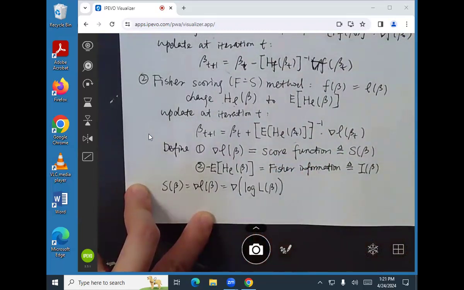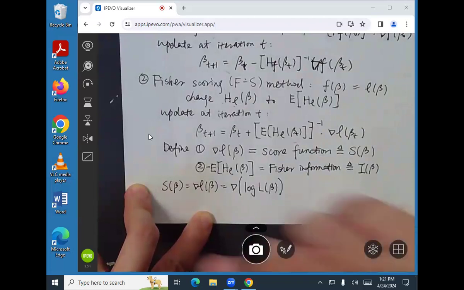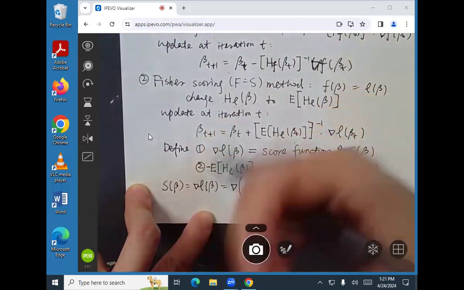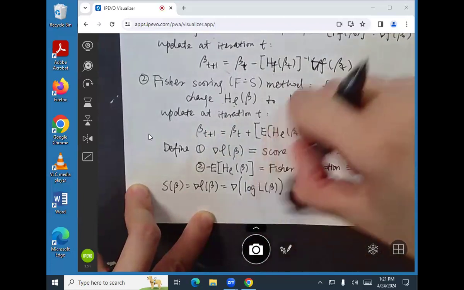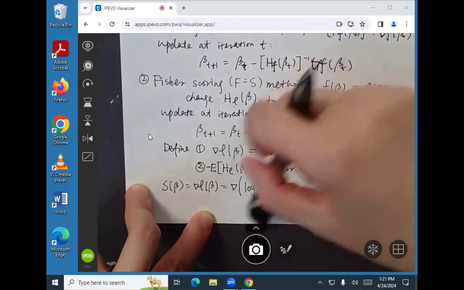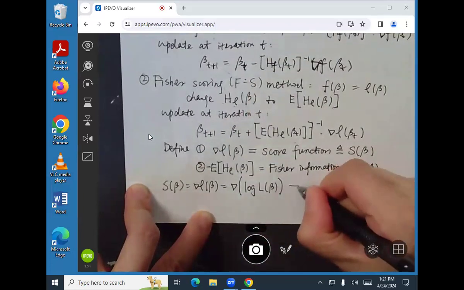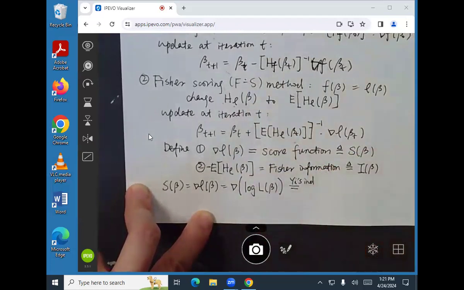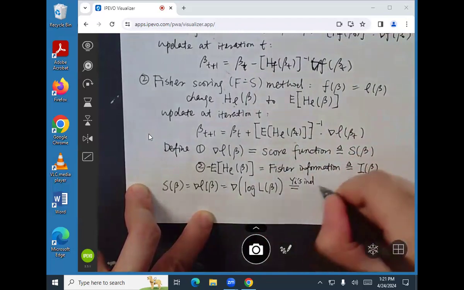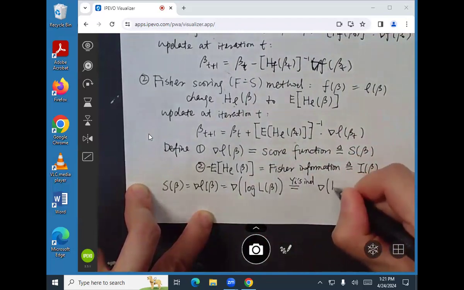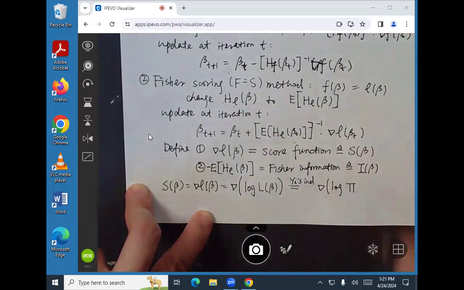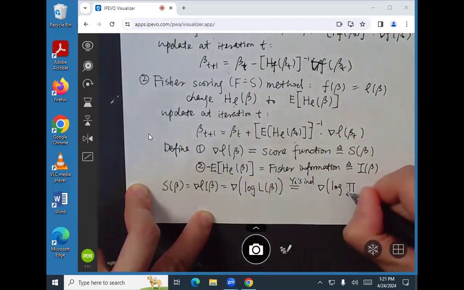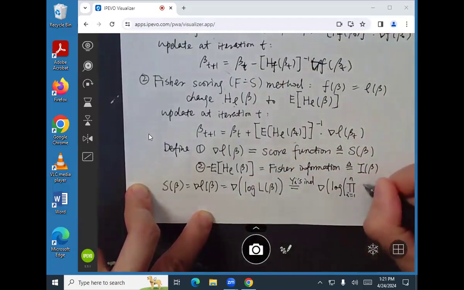Also recall that when the yi's are independent, the likelihood is just the product of the yi's densities, right? When the yi's are independent, this is a key assumption. Otherwise, we cannot factorize the joint density into the product. We have this as log of the product, i from 1 to n, f of yi given parameter beta.